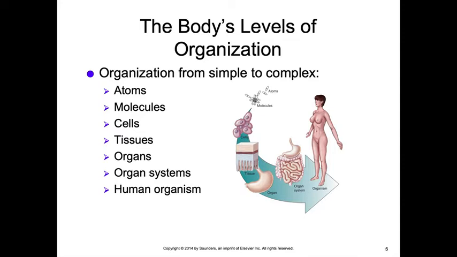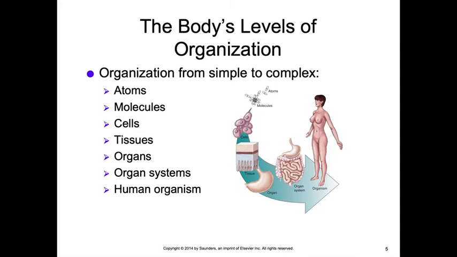Okay, atoms can connect to each other through interactions called chemical bonds to form molecules. Molecules can be arranged in a certain order to form the smallest unit of living matter, which is the cell.